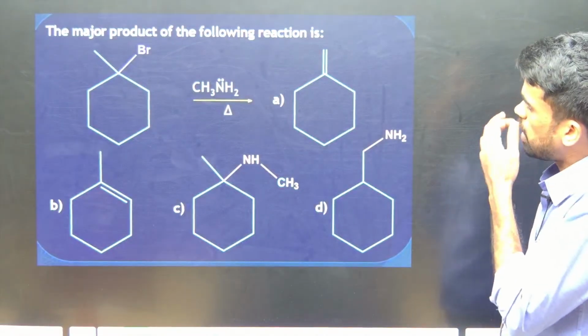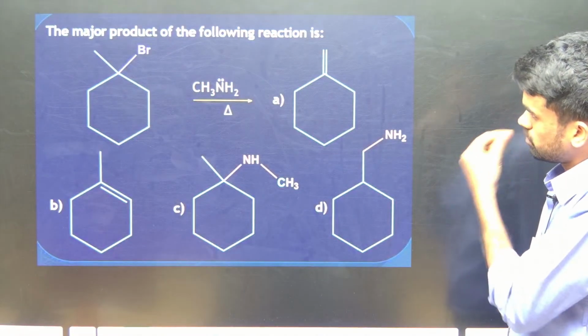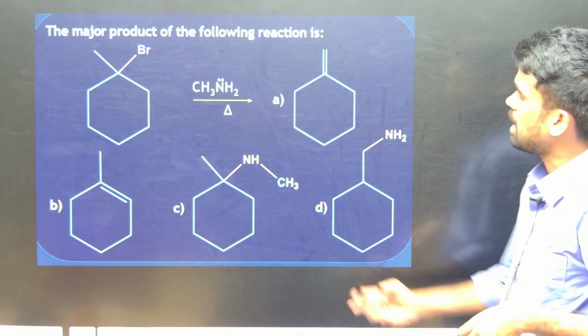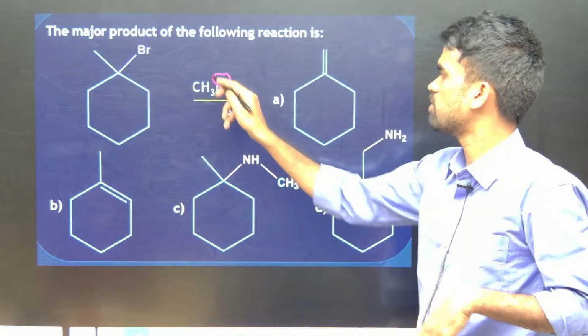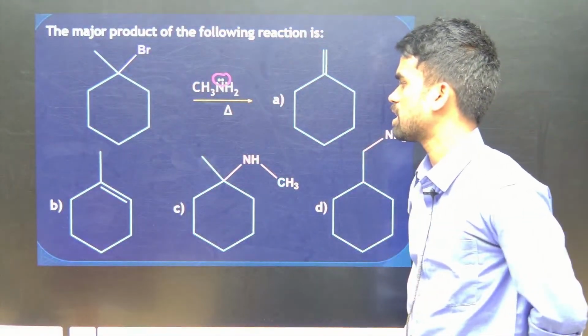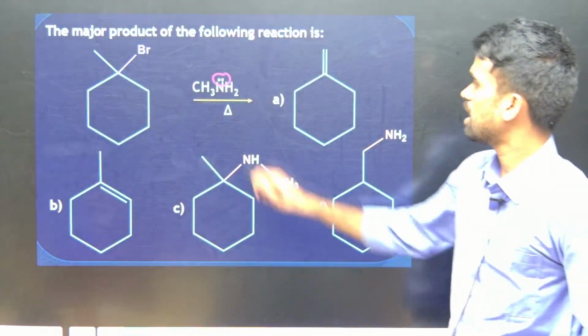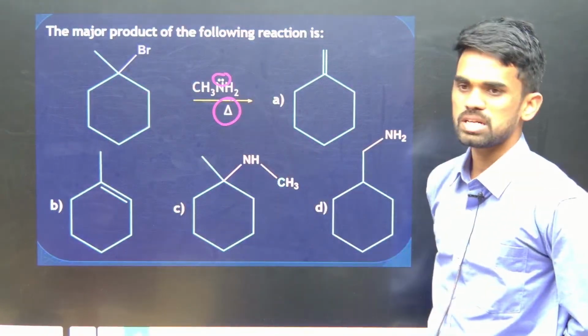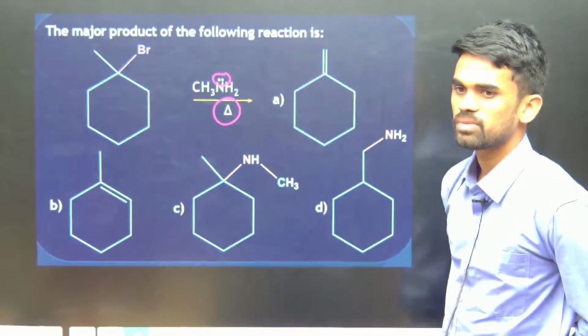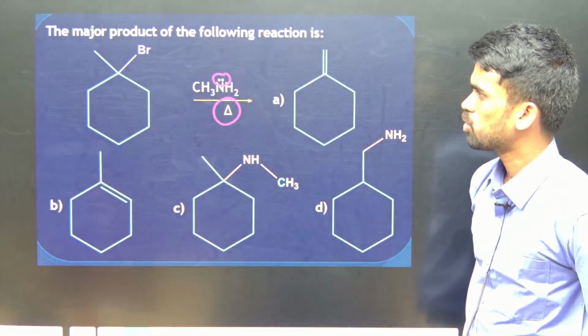Now tell me, what will be your product for this? See, methylamine is there, so methylamine will abstract the proton, so we need to get an alkene as a product. But which alkene is major here, tell me? Heating conditions now. Heating means elimination or substitution? From where it should be eliminated? Beta proton should be eliminated.